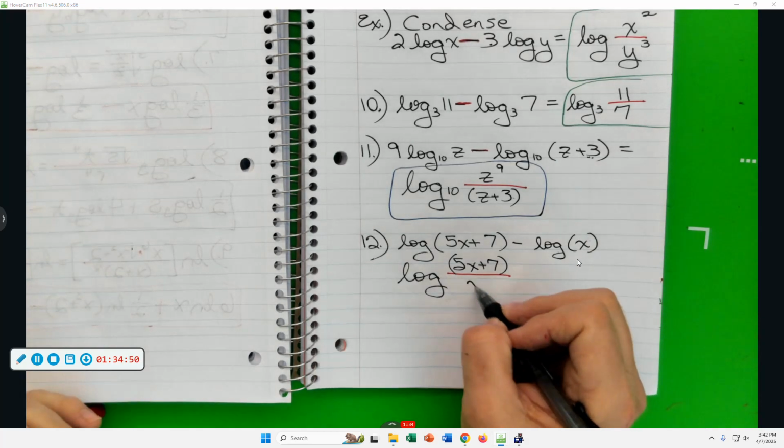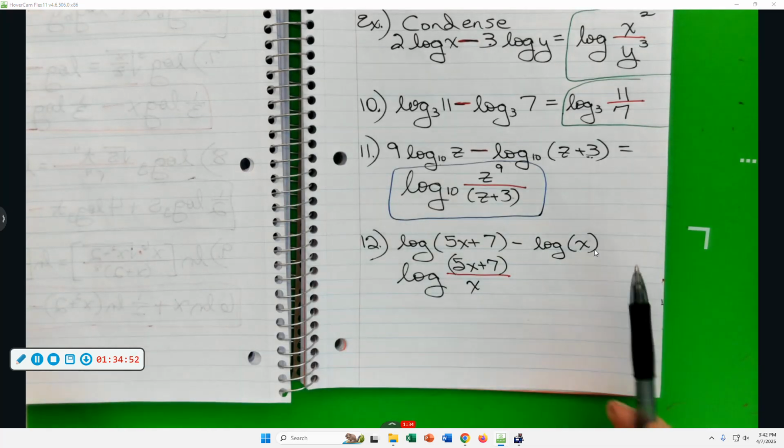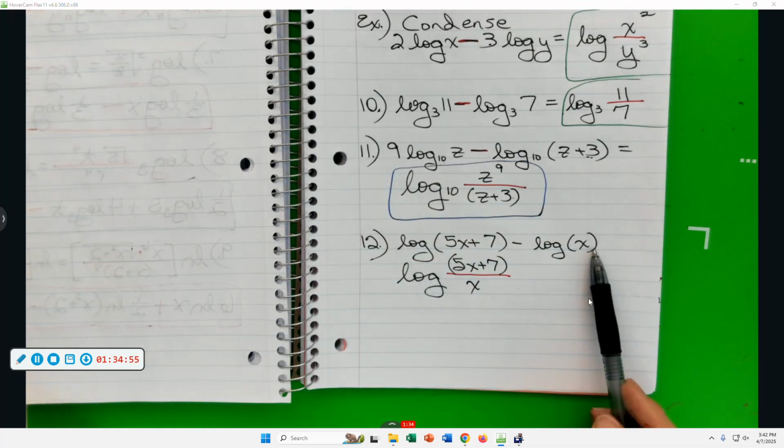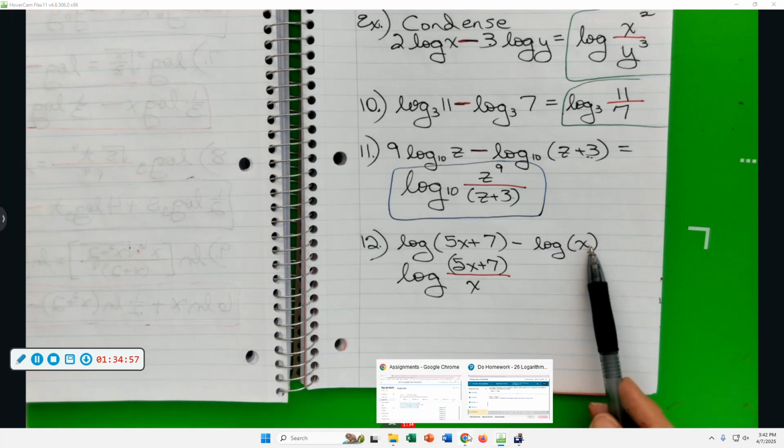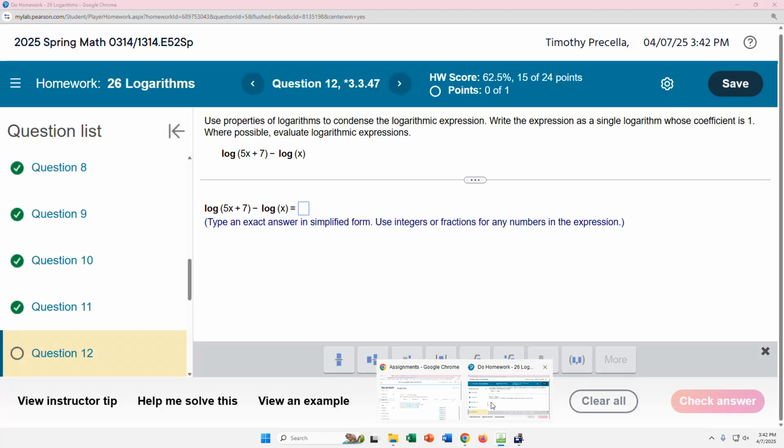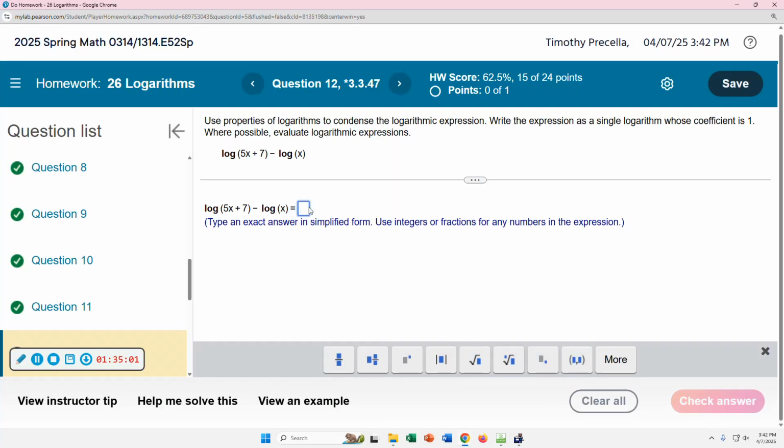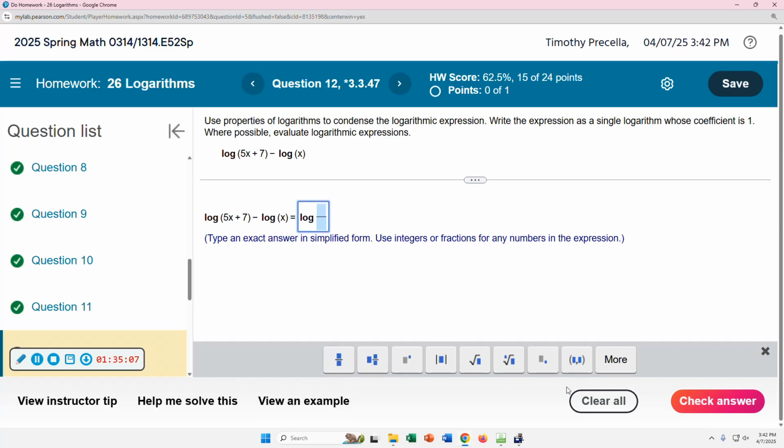Just the x. You could enclose the x in parentheses or not. It doesn't matter. It's when there's a plus or minus that I always make sure that I have it enclosed in parentheses. Fraction bar. And since there's no exponent on the 5x plus 7, if you didn't enclose it in parentheses, if you just wrote this, they'd count it right.